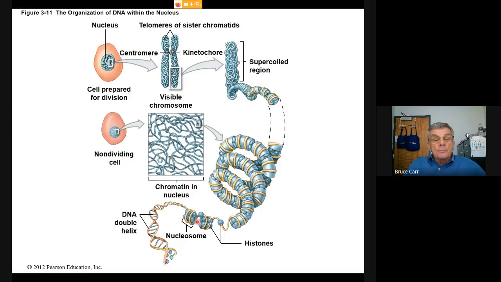We wrap it around proteins called histones, basic proteins, and then we coil those histone bundles. You see the supercoil here. Now, as you continue to wrap and bundle, just like coiling a rope, there are enzymes that take these coils and basically pack them into a compact stage of the organelle called a chromosome.